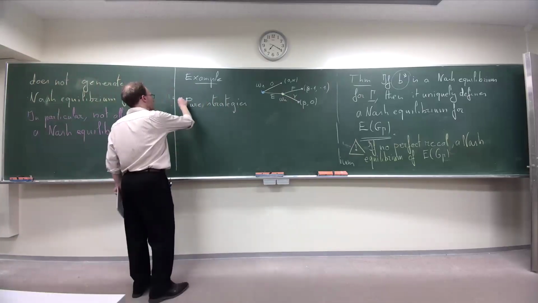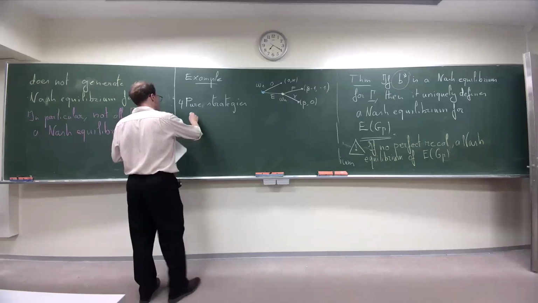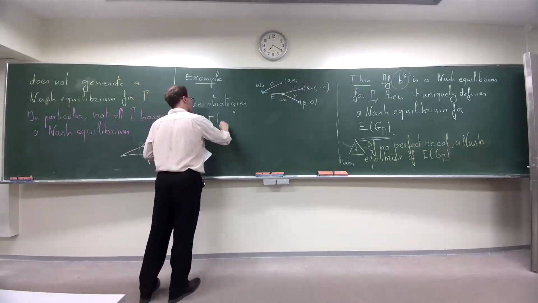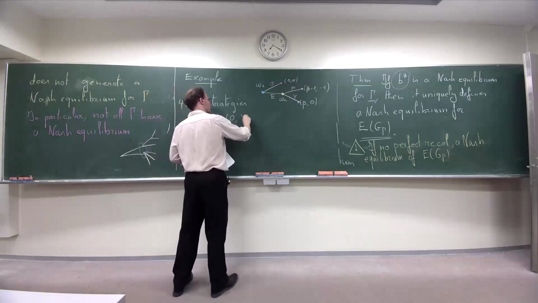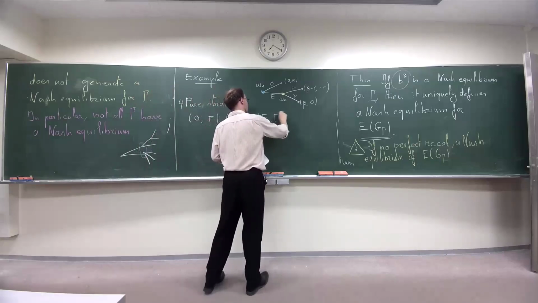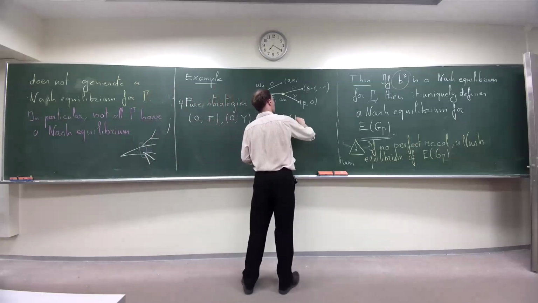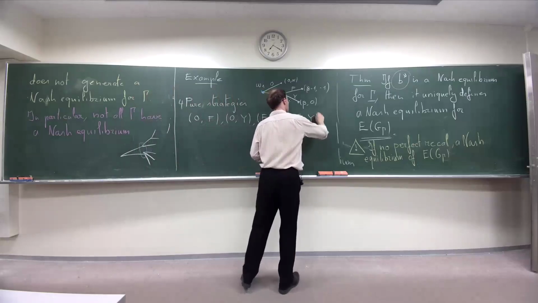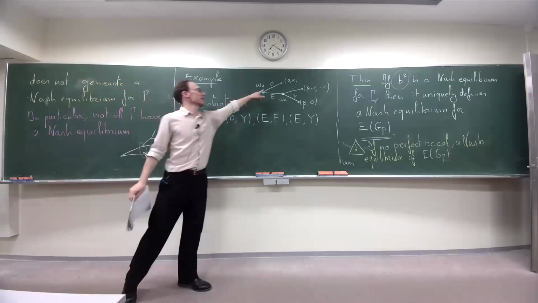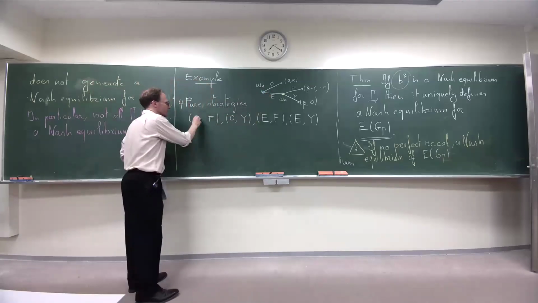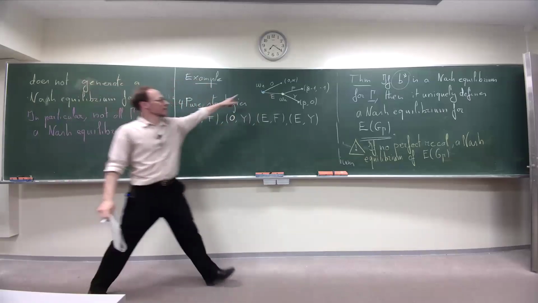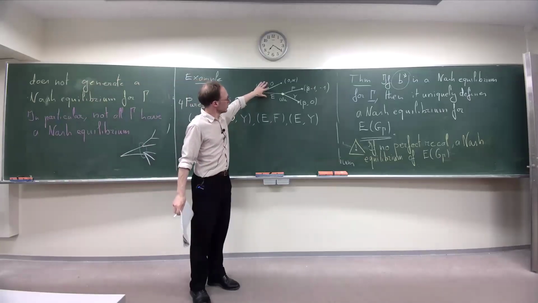So we have 4 pure strategies, and I'm going to denote them like this, and we will see why: O, Y and E, F. This is just a notation, but it gives us these 4. What does it mean? It means I put a 1 on this edge, O. I need to choose one of them.